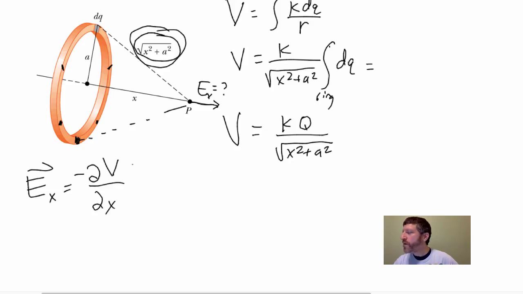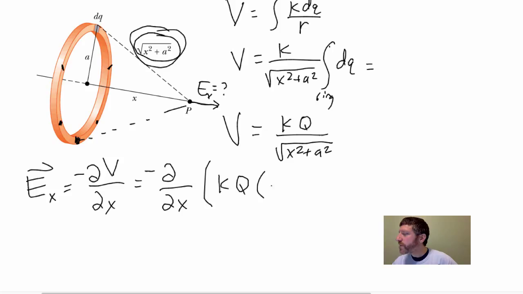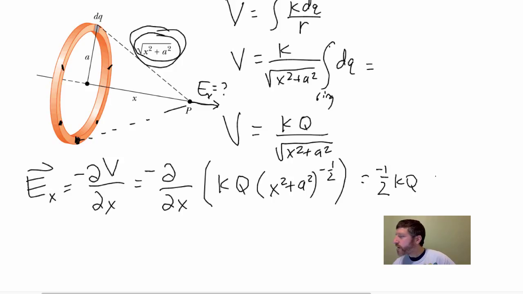So we just take the derivative of negative kq times x squared plus a squared to the negative 1/2. Take the derivative of that with respect to x. That gives you negative 1/2 times kq times x squared plus a squared to the negative 3/2. And then we multiply by the correction factor using the chain rule, which is 2x.